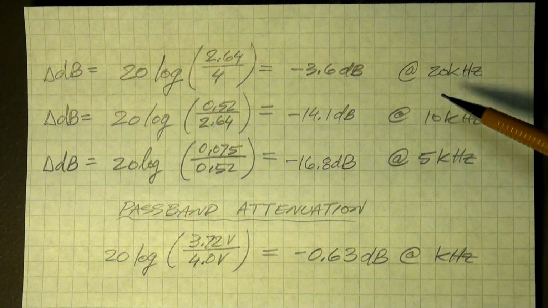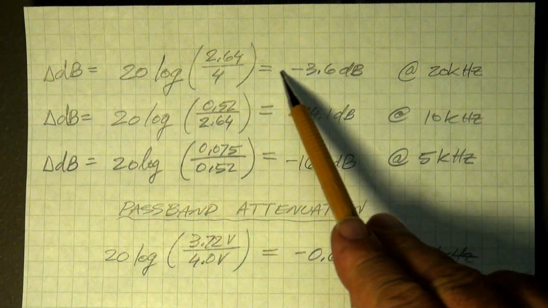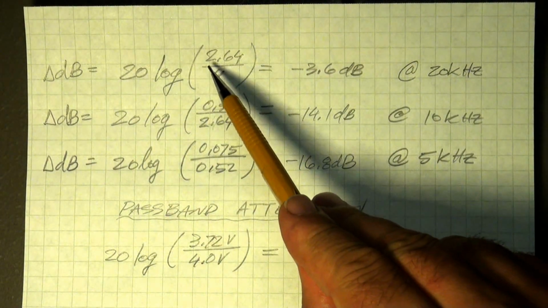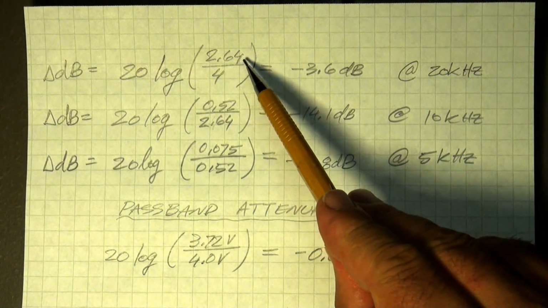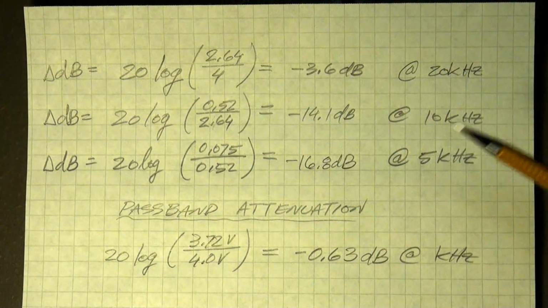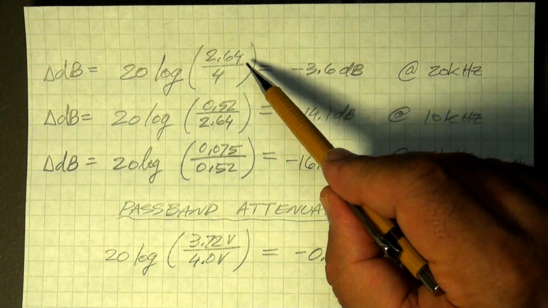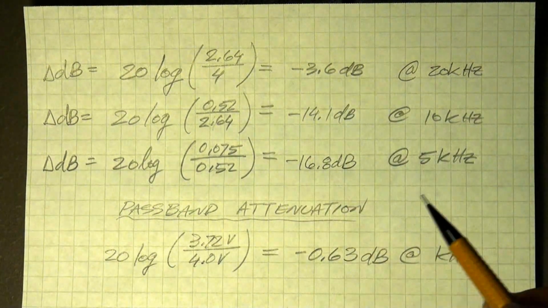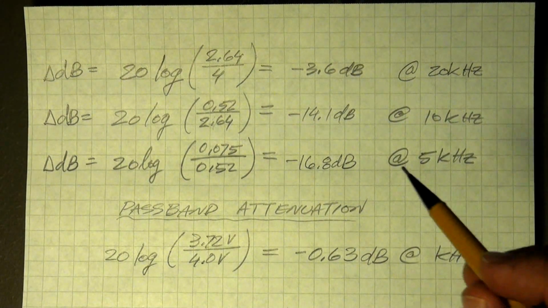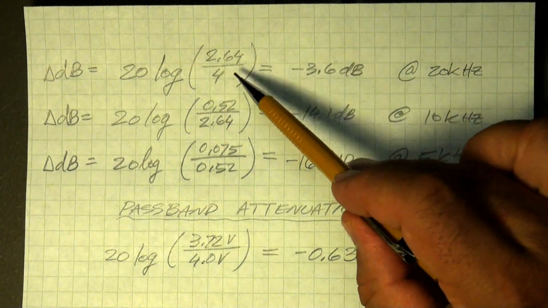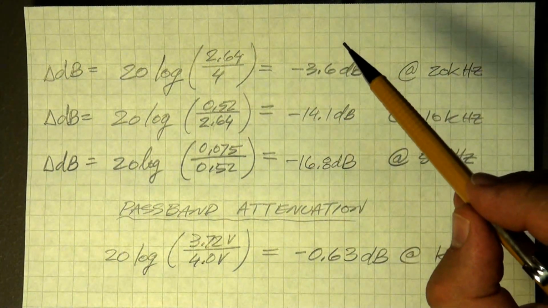So here's the first one. At 20 kilohertz, I have an output of 2.64 volts versus an input of 4 volts. I set the oscilloscope to a little bit of a higher sensitivity setting. I increased the vertical scale, and I got that as opposed to the 2.8 volts.